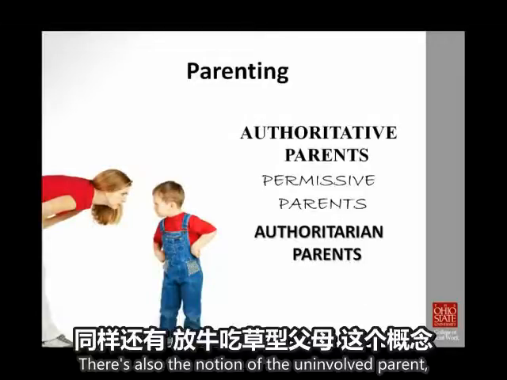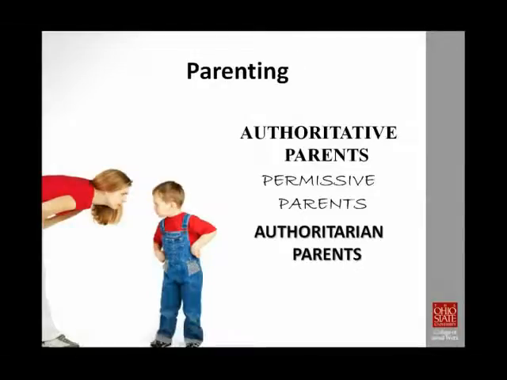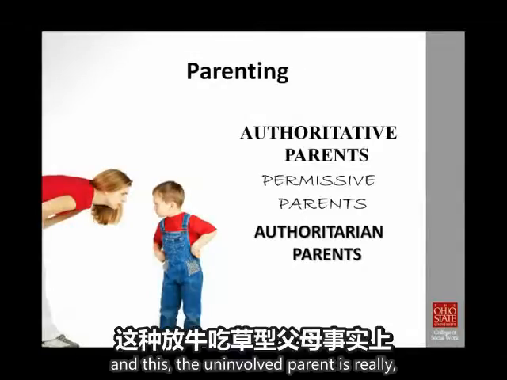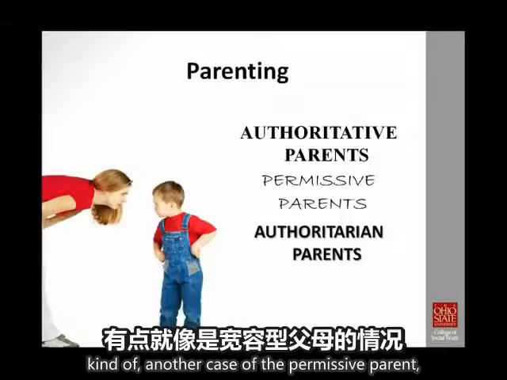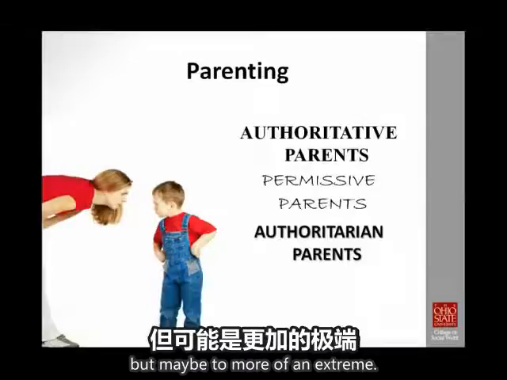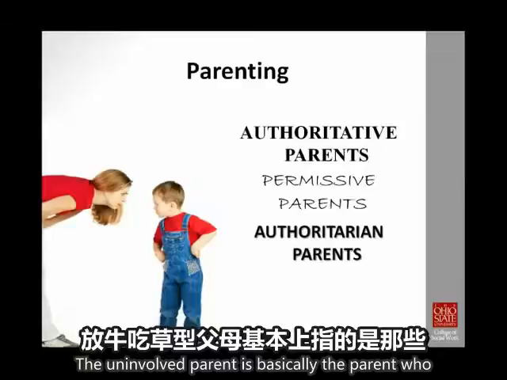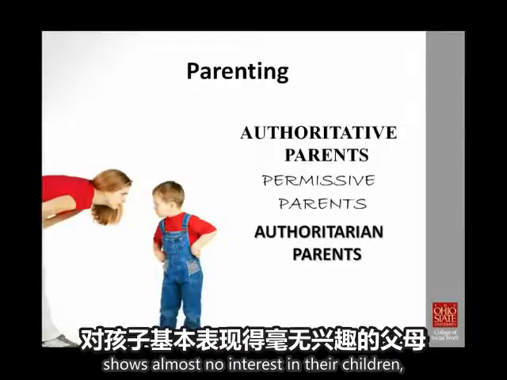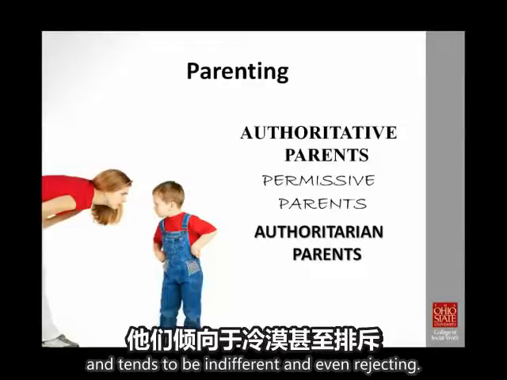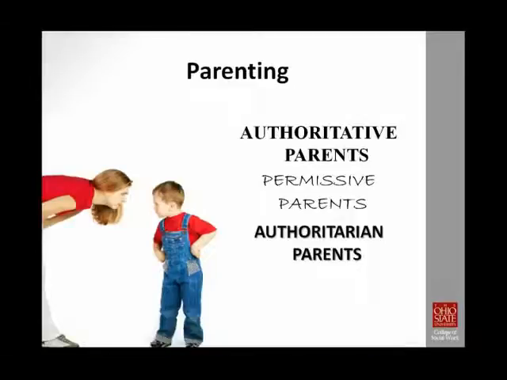There's also the notion of the uninvolved parent, and the uninvolved parent is really kind of another case of the permissive parent, but maybe to more of an extreme. The uninvolved parent is basically the parent who shows almost no interest in their children and tends to be indifferent and even rejecting.